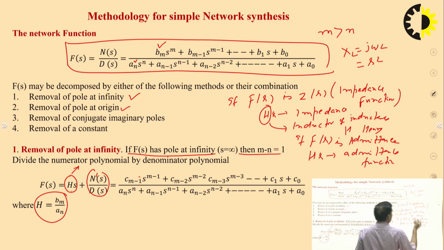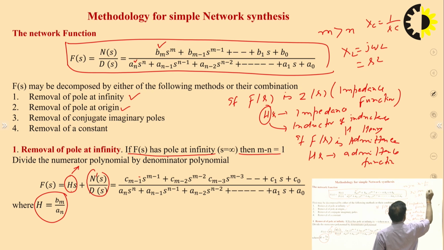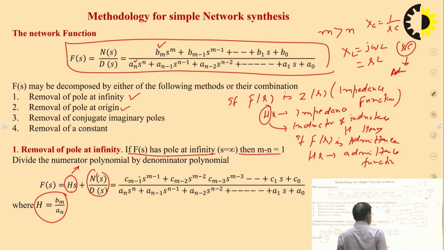We know that Xc is equal to 1 by sC, so sC is an admittance. If F(s) is an admittance function, then we get one capacitor of capacitance Bm upon An. So depending upon whether the function is impedance or admittance, we remove one inductor or one capacitor by removing one pole at infinity.